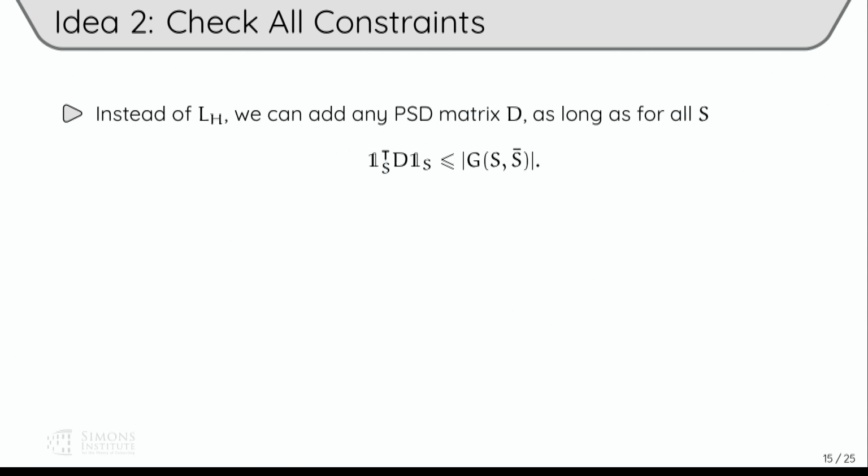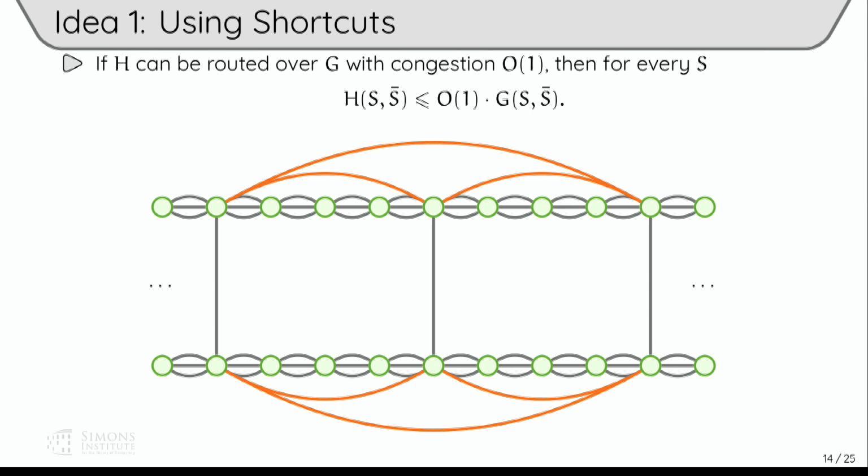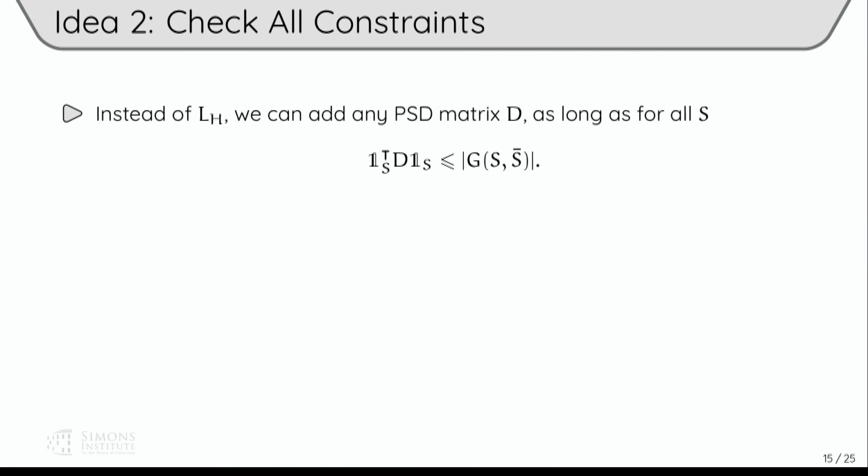Now instead of using these shortcuts, if you don't care about being algorithmically checkable, you can just write down an exponentially large convex program and put the constraints that in every cut you're not blowing up the size of the cut.